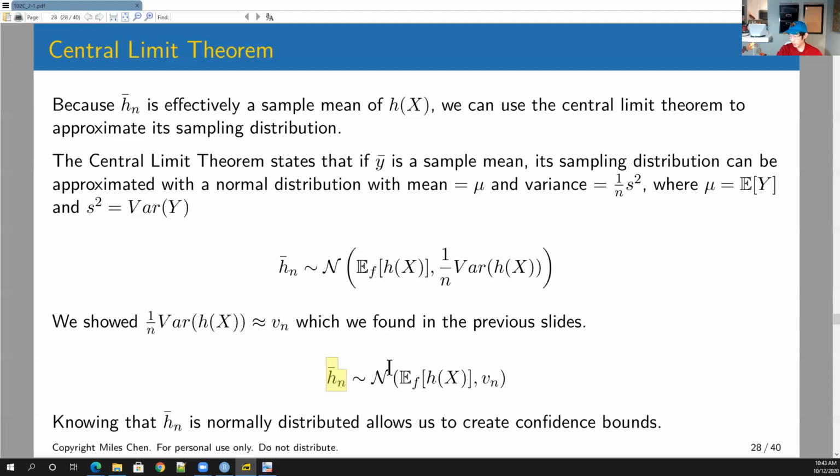So h bar sub n can be approximated with this normal distribution with this expected value, and we can estimate our variance using this. All right, and knowing that this is normally distributed around the true mean allows us to create confidence interval bounds. So we can create a confidence interval for the expected value based on our sample mean.